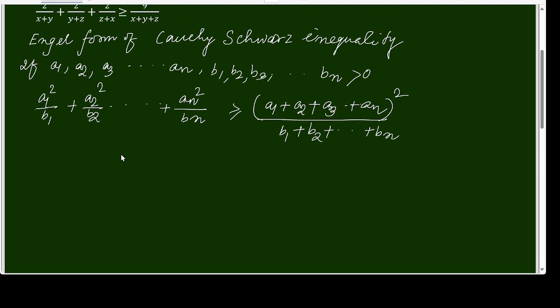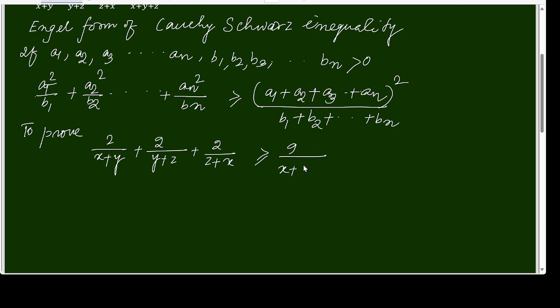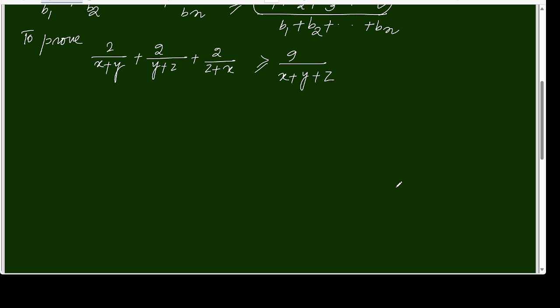So here, rewriting the question to prove: 2 over x plus y plus 2 over y plus z plus 2 over z plus x is greater than or equal to 9 over x plus y plus z. So I'll take a1, a2, a3.